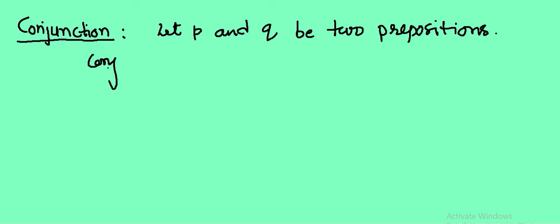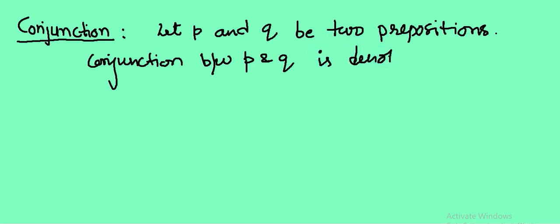So the conjunction of P and Q is denoted by, let P and Q be two propositions, and the conjunction between P and Q is denoted as P and Q, right?